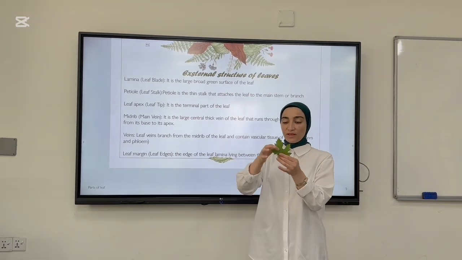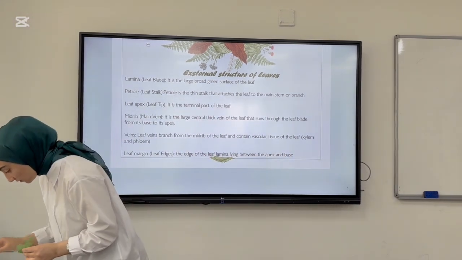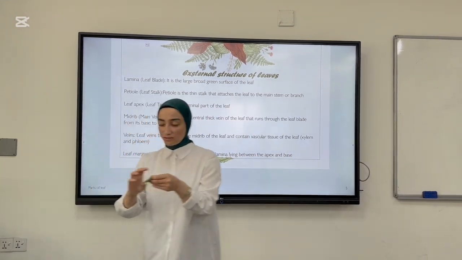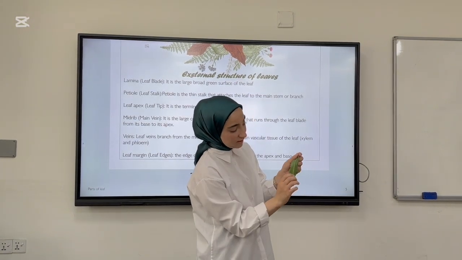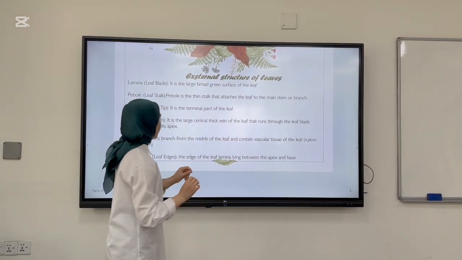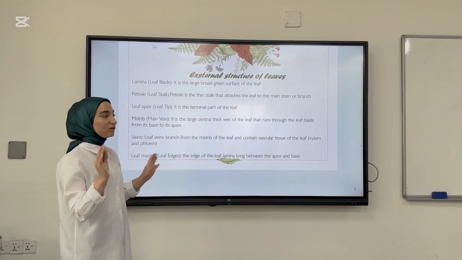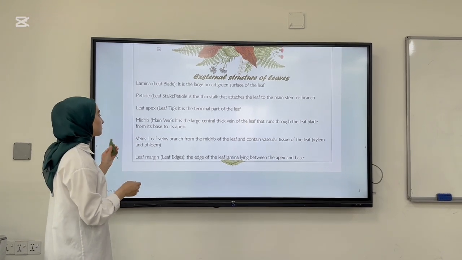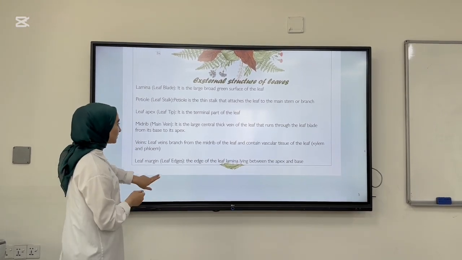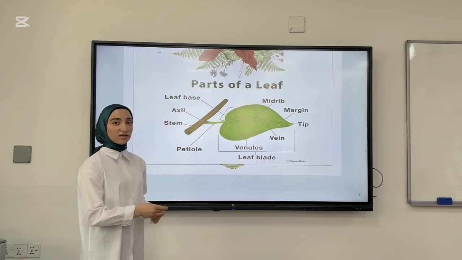Here, the main vein, or we have another plant. This one is the midrib, the main vein, the large central vein. We can say thick vein. It runs through the leaf blade from its base to its apex, or we can say tip.